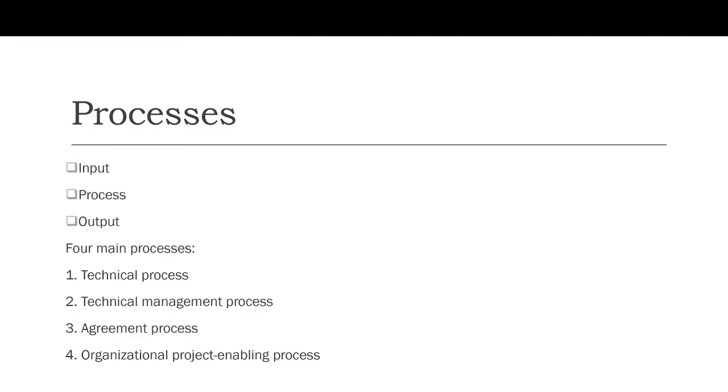So in this chapter, it outlines that they are going to define each process in terms of input, process, and output. And it outlines 4 main processes that have been adopted by ISO IEC. One is the technical process, and the others are the technical management process, agreement process, and organization project-enabling process.